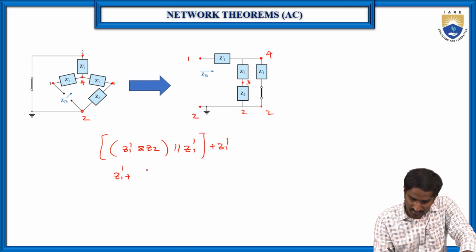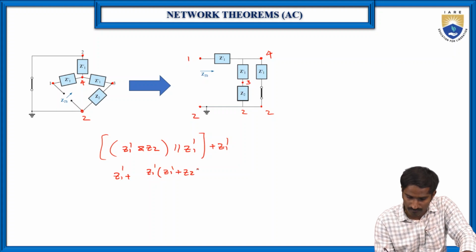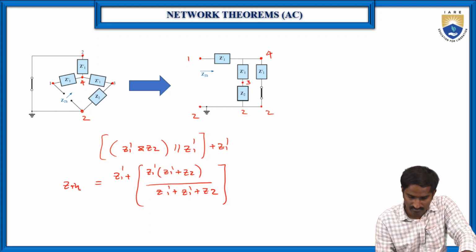Then, because this combination and this are in parallel, Z1 dash into Z1 dash plus Z2, by Z1 dash plus Z1 dash plus Z2. So this is the Z Thevenin.